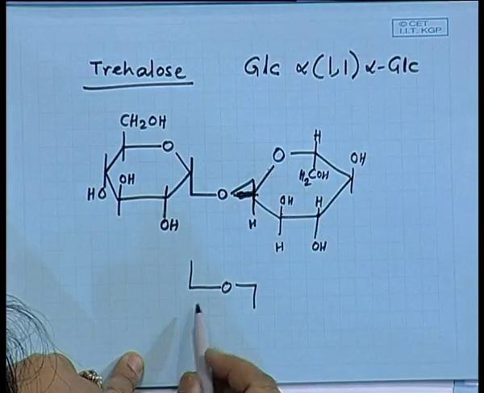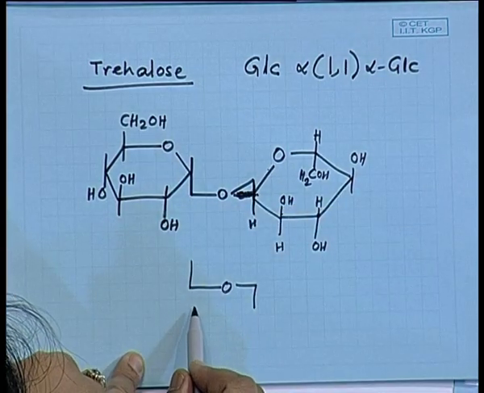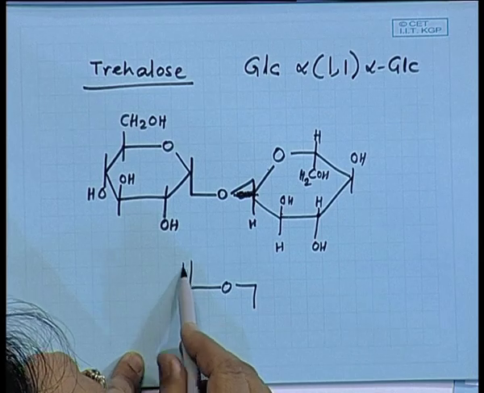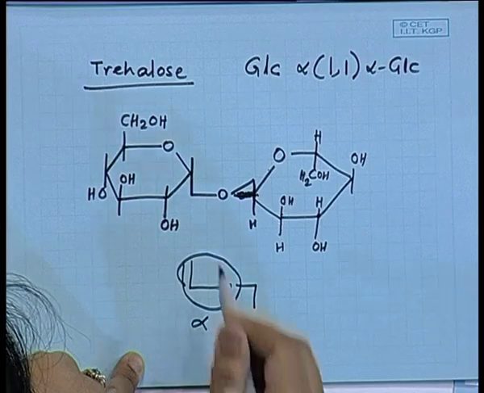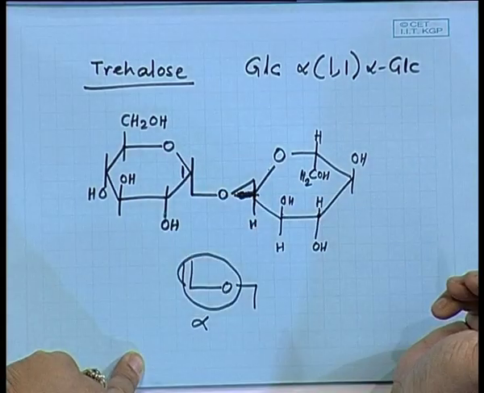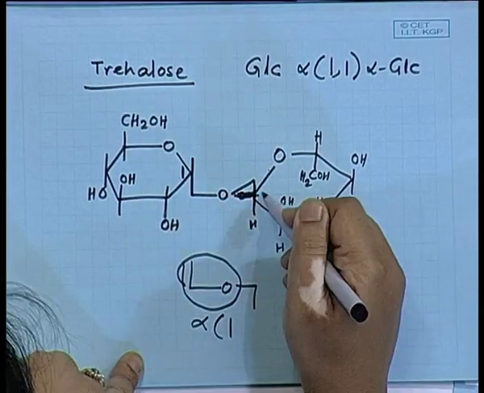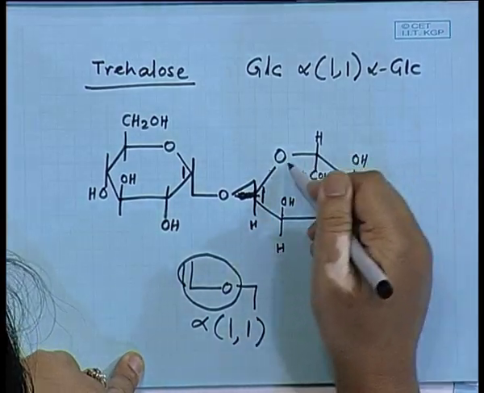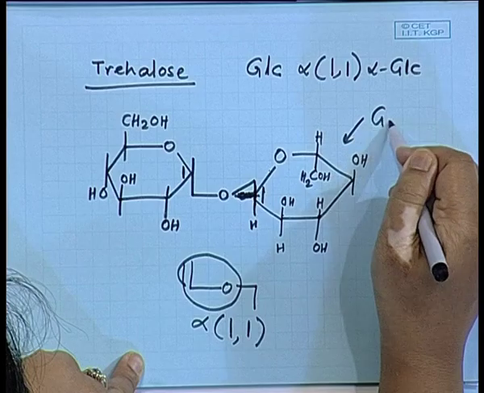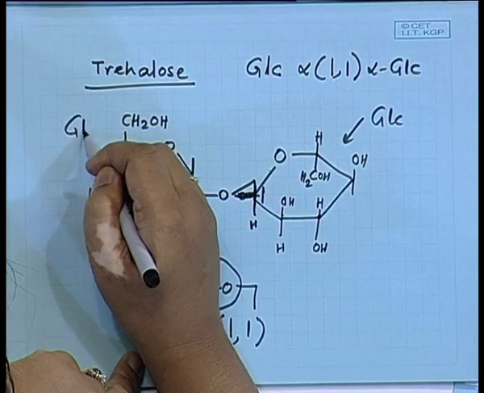Okay. So, what do we have here? What does this signify? Alpha. It is carbon number 1, 1. This is carbon number 1. So, these two units are glucose and glucose.